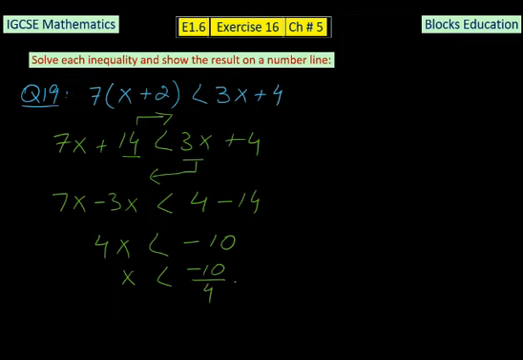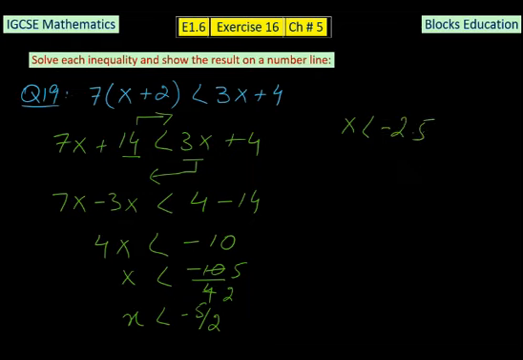You can simplify it, so 2 5s are 10 and 2 2s are 4, so it will be x less than minus 5 over 2, or you can write it as x less than minus 2.5, because 5 over 2 is 2.5.